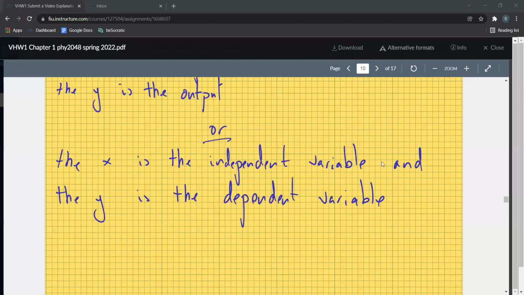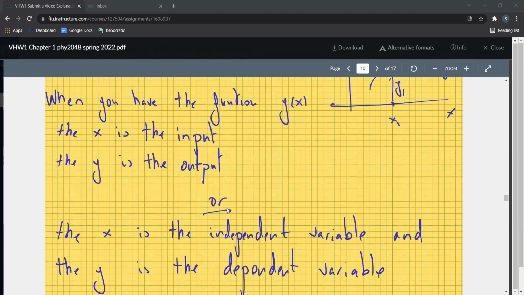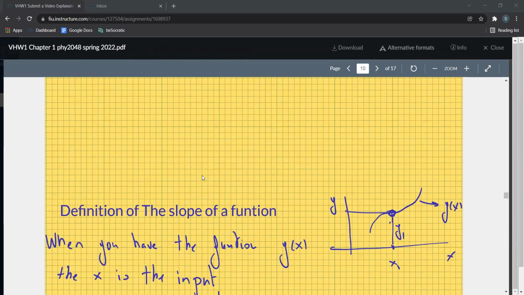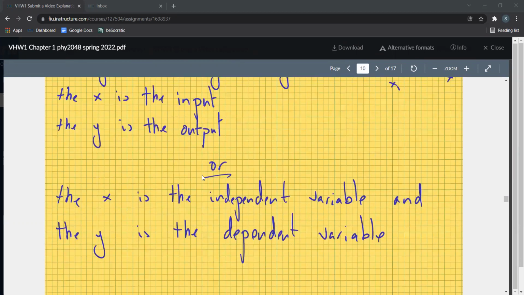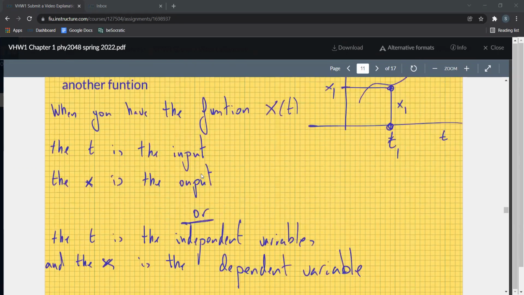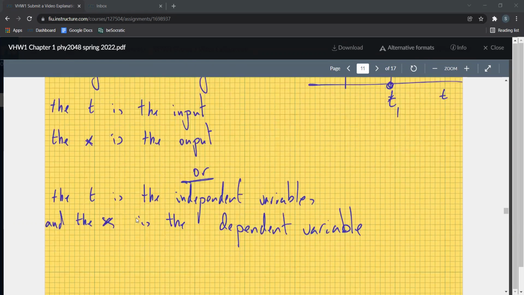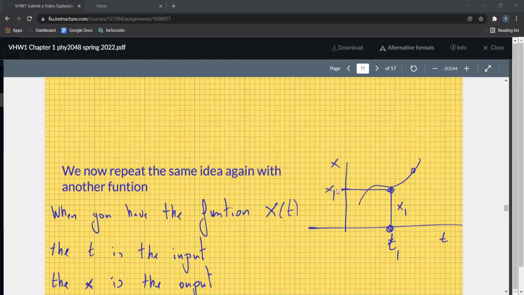So x is independent, y is dependent. Y depends on x. Or in the position versus time graph that I was explaining, your position depends on the time. Yeah, okay, so it even goes into it here. In the function x of t, t is your input, x is your output, or t is independent and x is dependent. X, which is your position, depends on the time.